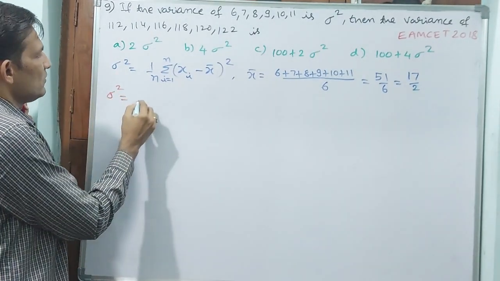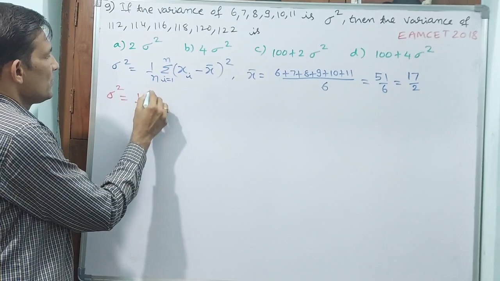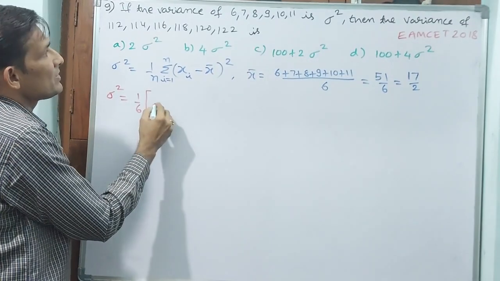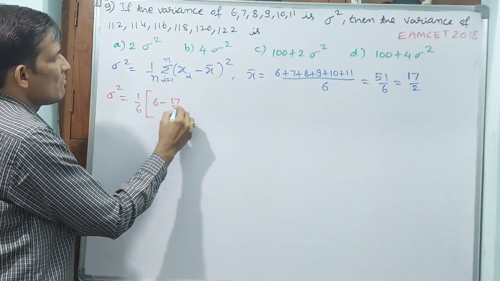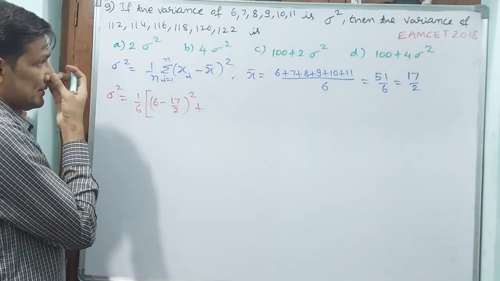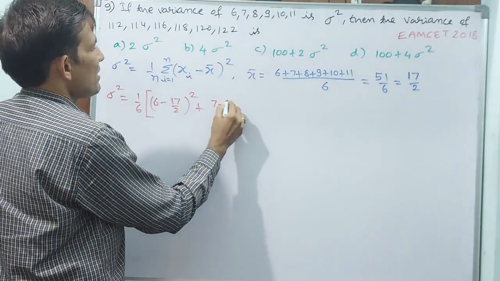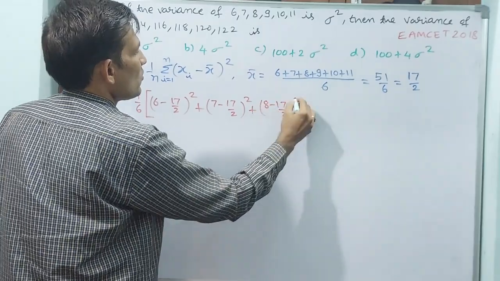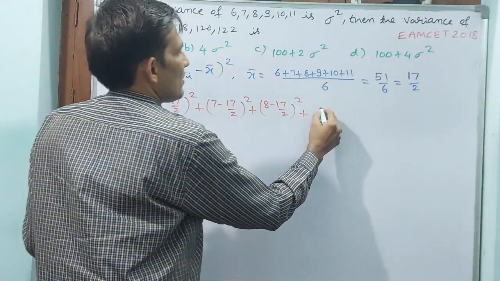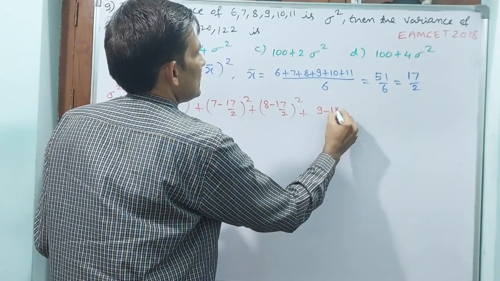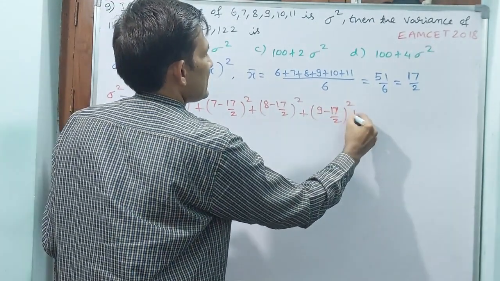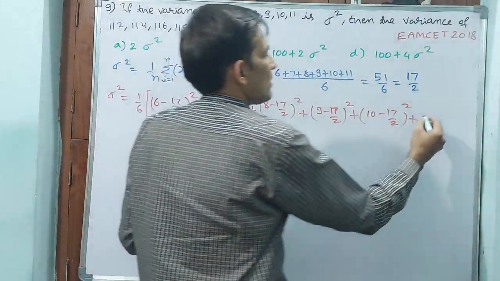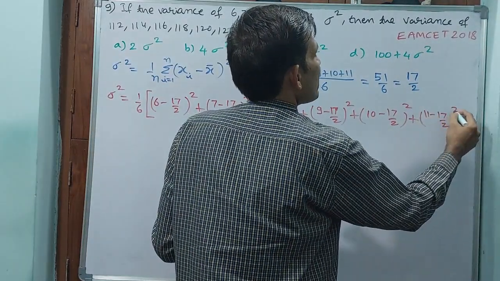Sigma square is equal to 1 by 6 into, big bracket I am keeping, x1 minus x bar, that means 6 minus 17 by 2 whole square plus 7 minus 17 by 2 whole square plus 8 minus 17 by 2 whole square plus 9 minus 17 by 2 whole square plus 10 minus 17 by 2 whole square plus 11 minus 17 by 2 whole square, close the bracket.